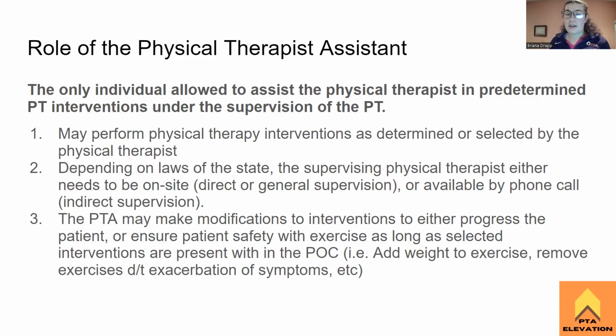As a PTA, you can make that call as long as it's ensuring the safety of the patient. So again, add weight to exercise, remove exercises due to exacerbation of symptoms. Maybe they're not liking the extension exercises. You say, okay, we're going to get rid of those. We're going to do something else because it's not working and it's not safe for the patient. We as PTAs, that is within our scope of practice to make those decisions. And that's why we take this exam, because it's a safety test, guys. That's why.